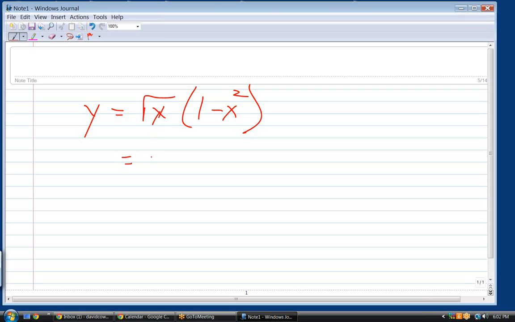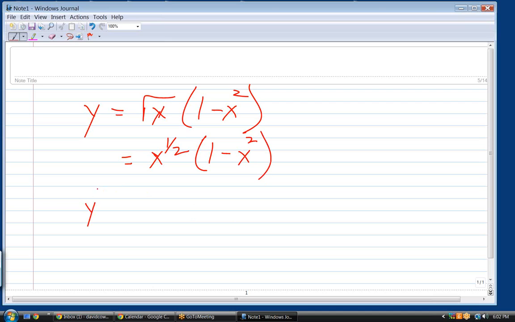So what's the square root of x equal to? Isn't that x to the 1/2? Yeah. Once you've expressed it this way, now you can use the power rule.